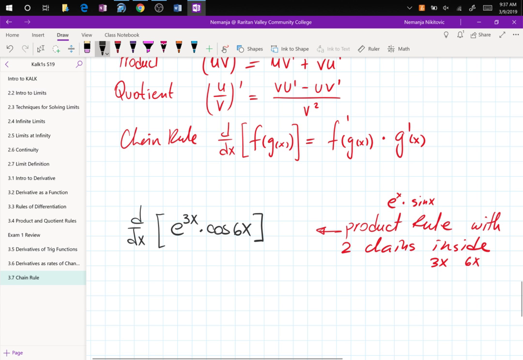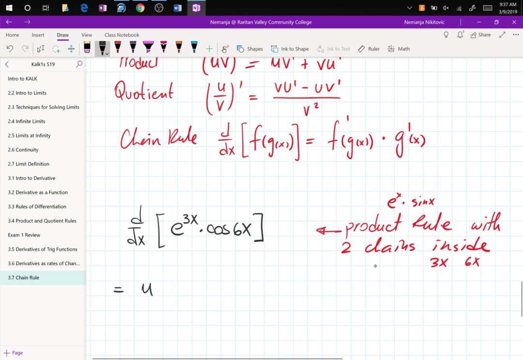So when you're solving this problem, and when you see these pieces, they can be in any order. You have to determine which is the main rule and which are the rules that are within. The product rule is the main rule here, because what I see is one function times another function. So we do the product rule formula.